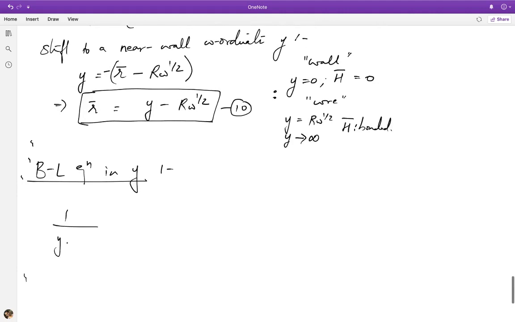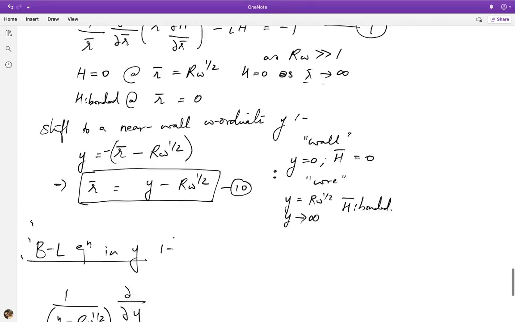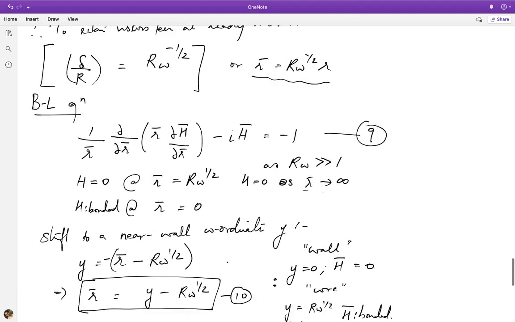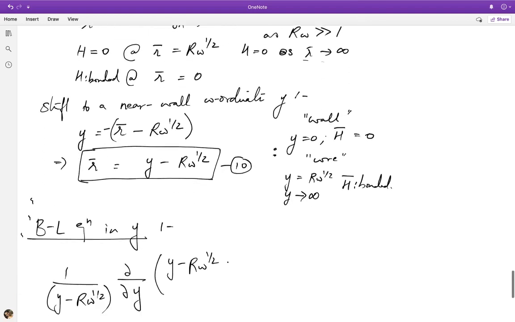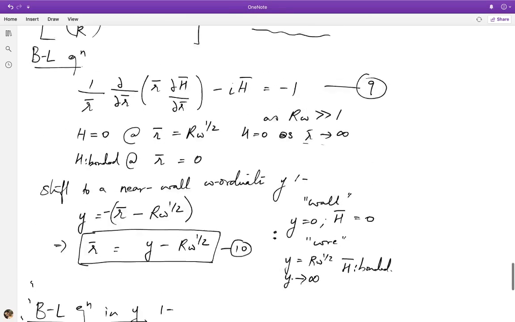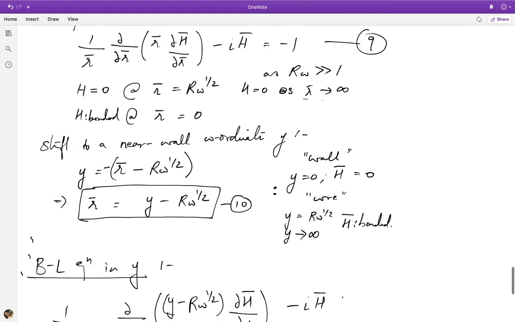We get 1 over y minus Rw to the half. So dou by dou r bar is simply dou by dou y, right? Times again y minus Rw to the half dou h bar by dou y minus I times h bar equals minus 1.